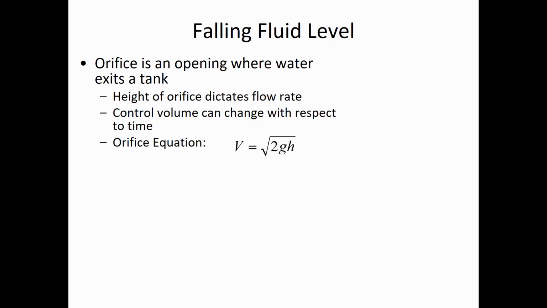The velocity and pressure at 1 are 0, so then all that's left is some height difference between the two, and that's what's driving the velocity at 2. So essentially h is v2 squared divided by 2g, because every other term of Bernoulli's equation got canceled out except for the elevation difference and the velocity head at 2. So again, just to emphasize, the height is measured from the center line of the orifice.